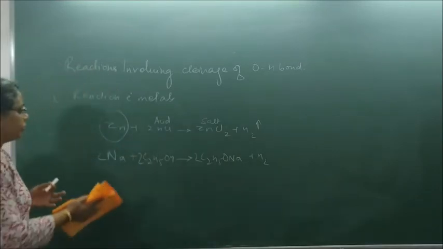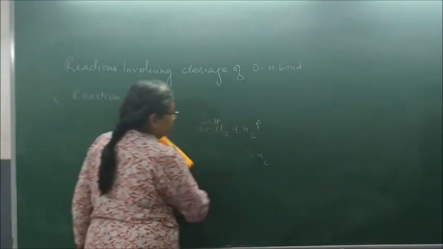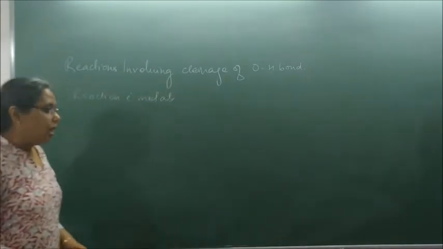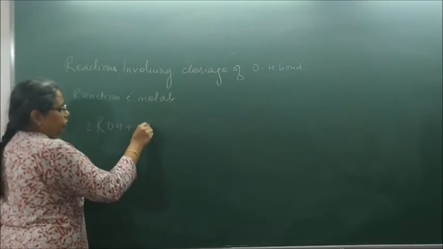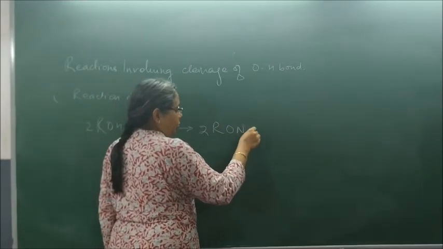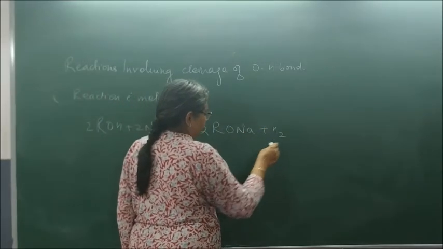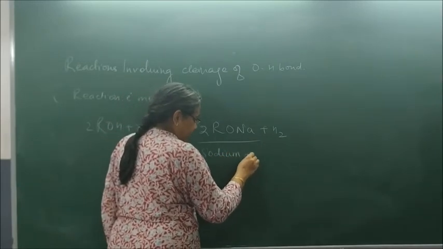Okay, so our first reaction which we will do now will be a general reaction. Let us write ROH, that is C2H5OH plus 2Na gives 2RONa plus H2. This is called what? Sodium alkoxide.